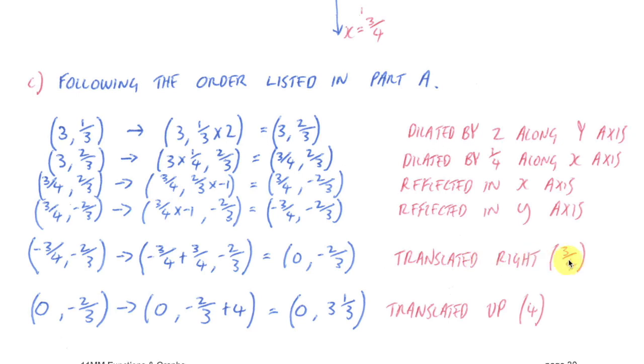Translated right 3/4. So here again I'm only affecting the x value, so I'm adding 3/4. And so it ends up being 0, -2/3. And then translated up by 4 units, so I'm affecting the y values of the points. And so get that.